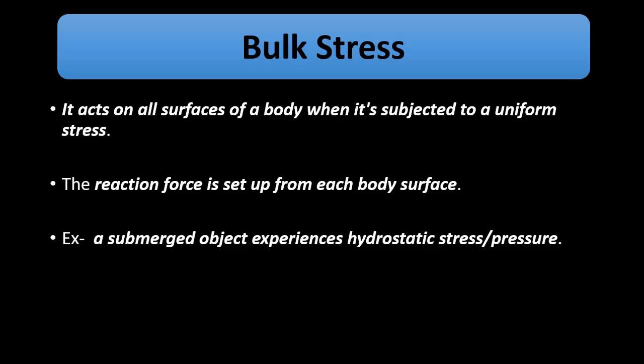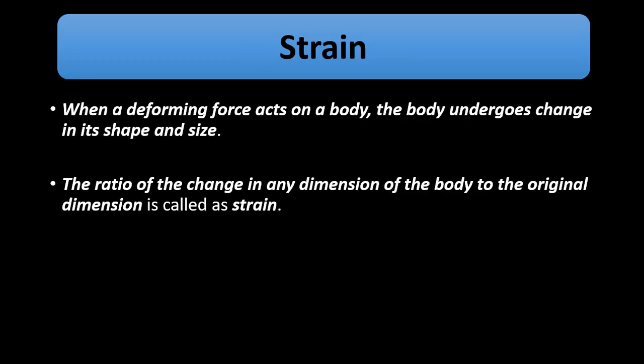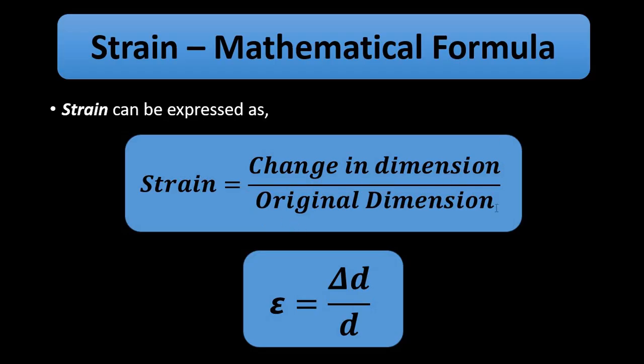The strain which results in response to bulk stress is basically change in dimension to the original dimension. Now this dimension can be length, volume or bending angle. Here it is volume, or change in volume.